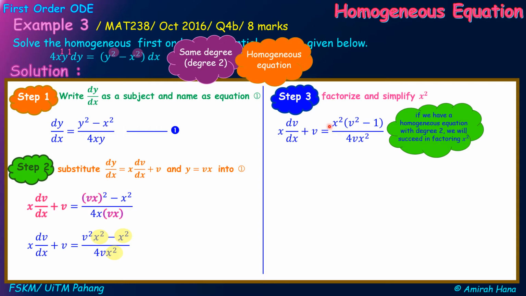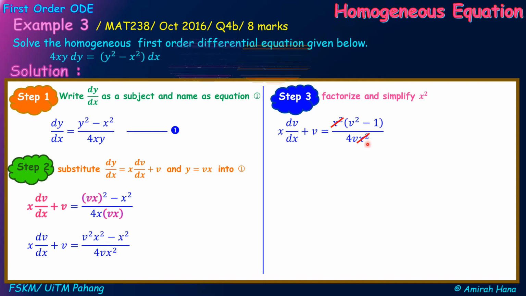Now we succeed in factoring x squared because we are given a homogeneous equation with degree 2. After that, we can simplify x squared in the numerator and x squared in the denominator. So after we simplify, we get x dv over dx plus v equals v squared minus 1 over 4v.